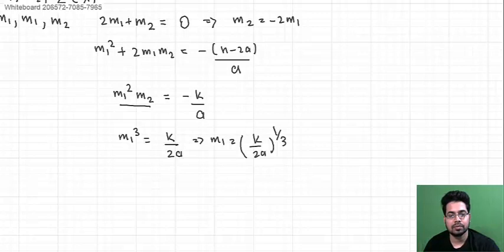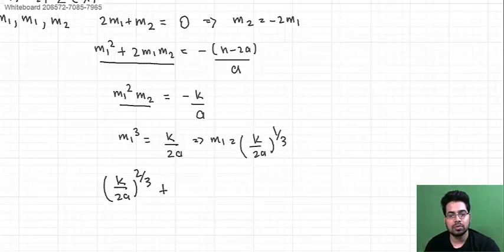And now I will substitute this value of m1 in this equation. So m1 square would be (k by 2a) to the power 2 by 3, plus 2 m1 m2.